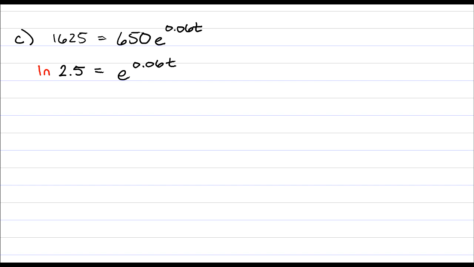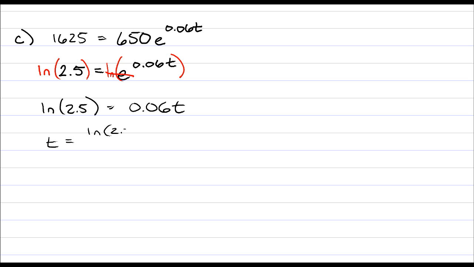Now I take the natural log of both sides. The natural log and the e cancel on the right-hand side. So I have ln of 2.5 equals 0.06t. Then divide both sides by 0.06. Natural log of 2.5 divided by 0.06. And I get that t is 15.27.